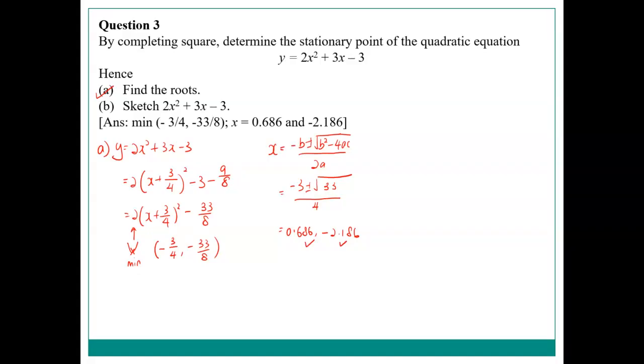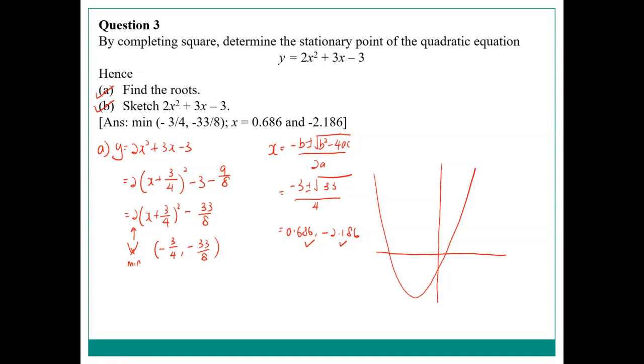Finally, the question asks you to sketch this graph. You already know the location of the minimum point and you also know the roots. Then I think we can sketch this graph very easily. So let's draw this. The shape is a happy face, so it should look like this.